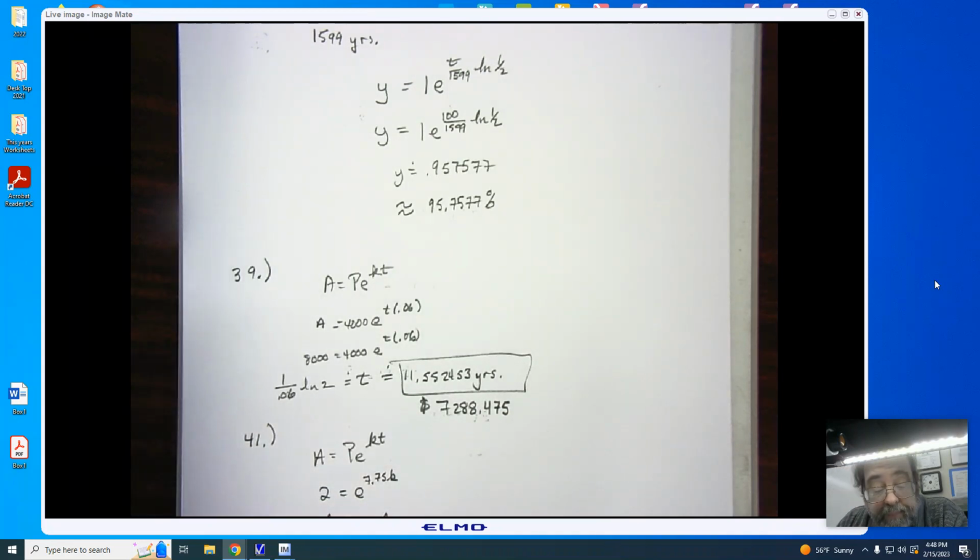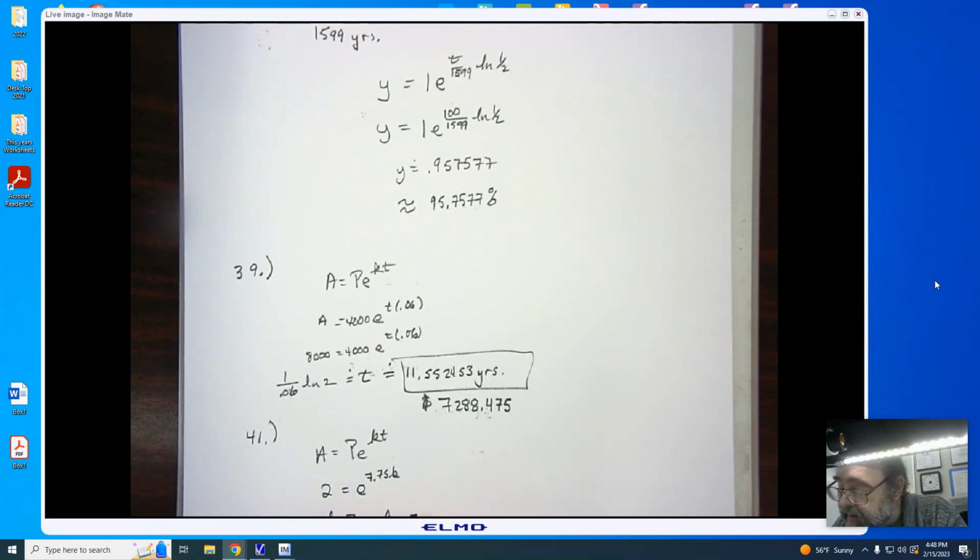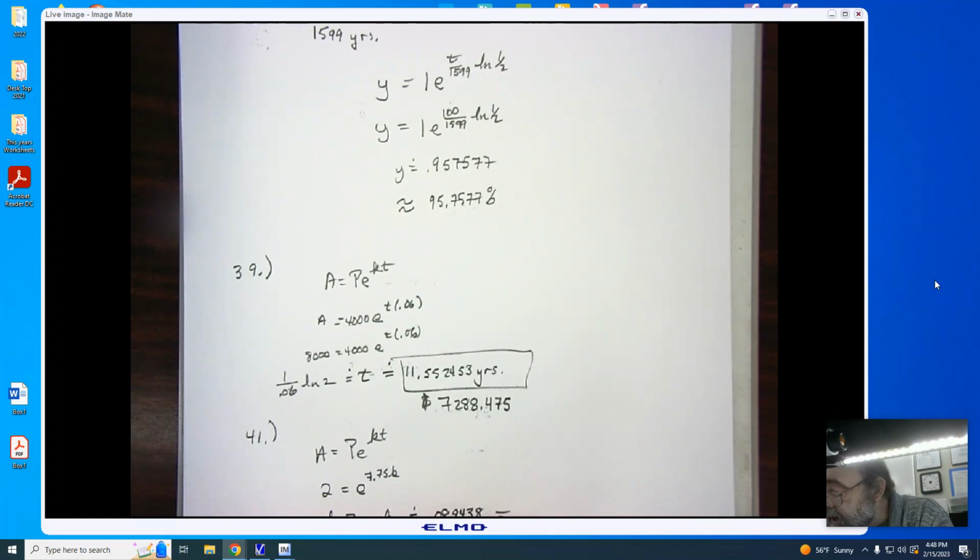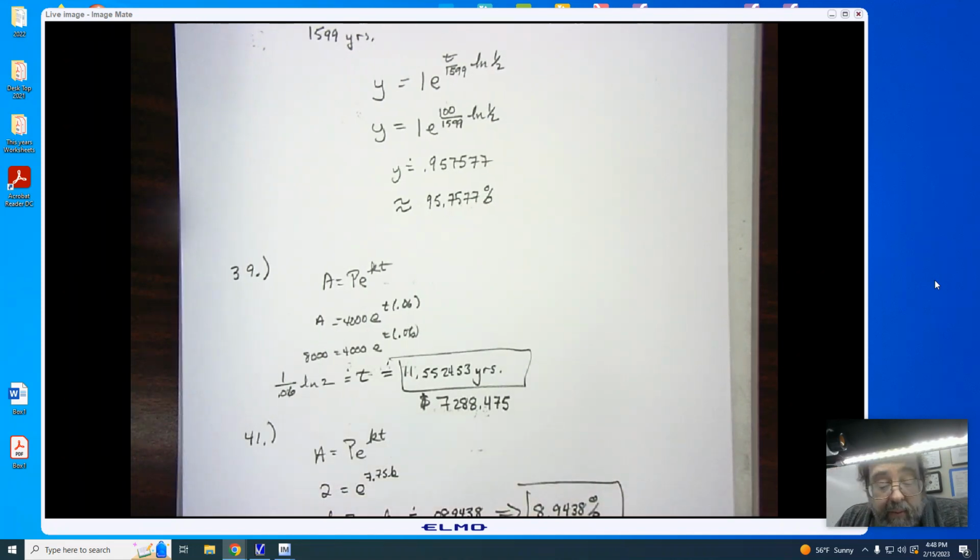So we have the annual rate for number 41 is going to be the natural log of 2 divided by 7.75, and I'm getting a rate that is approximately 0.089438, which we would translate to 8.9438%.